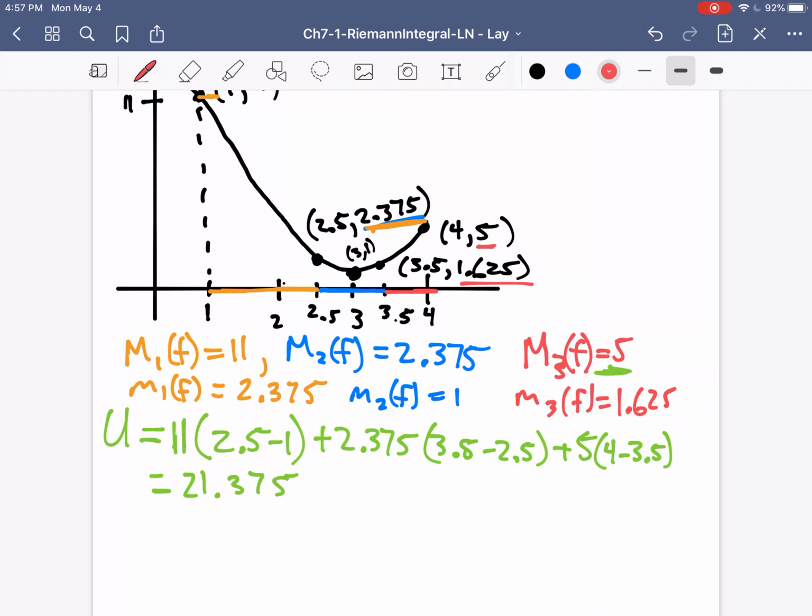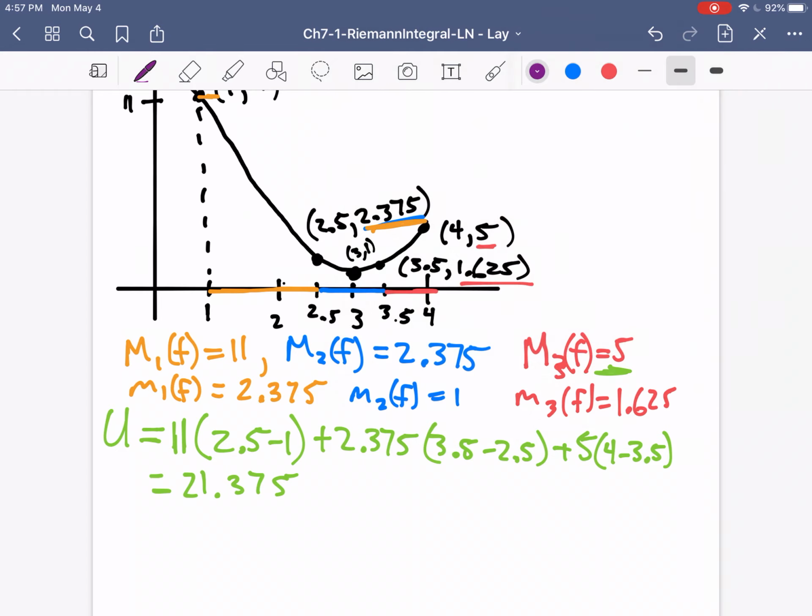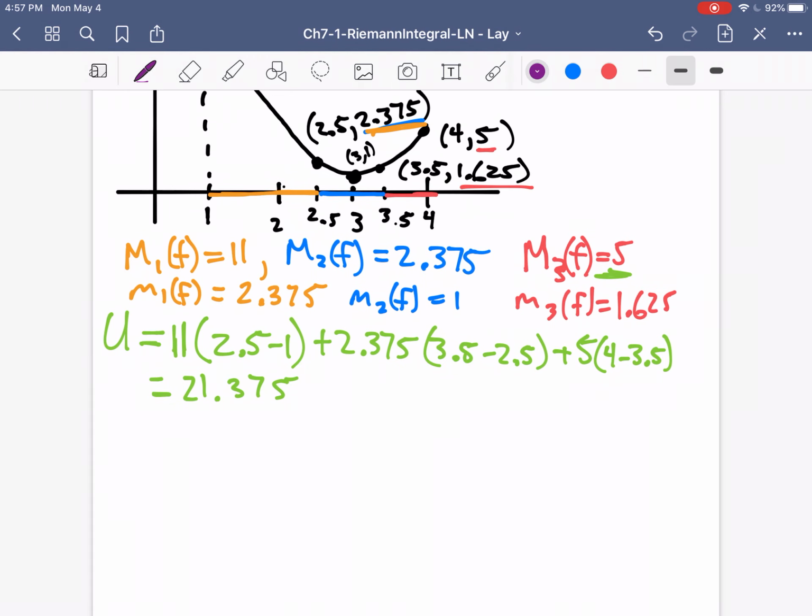So when we calculate our lower sum here, I should really call this L of f comma P. So this is a lower sum for this function associated with a particular partition.